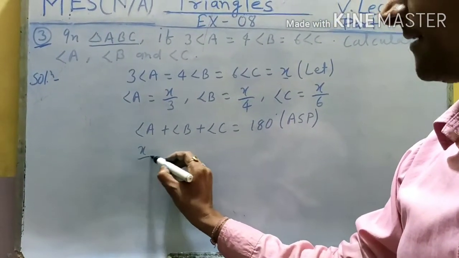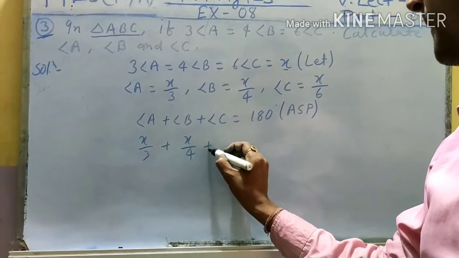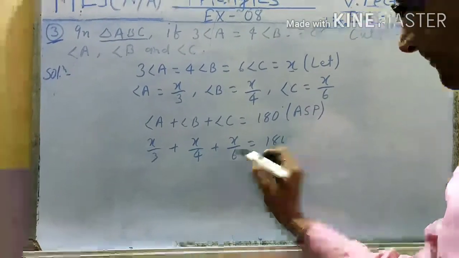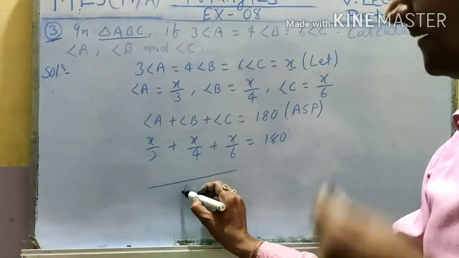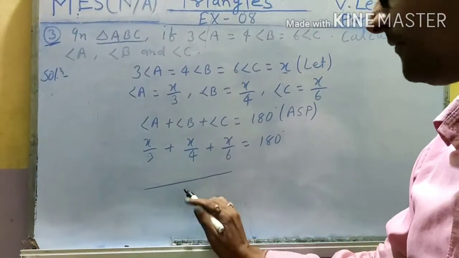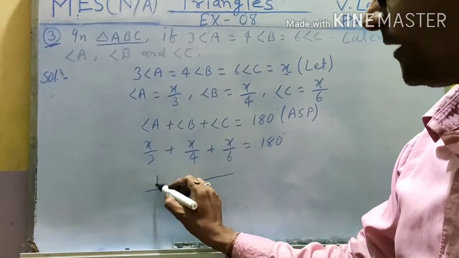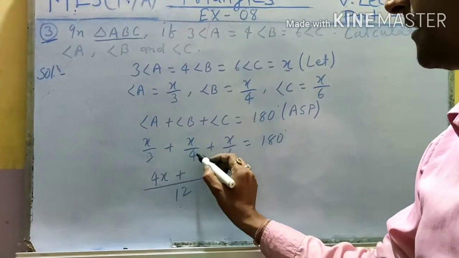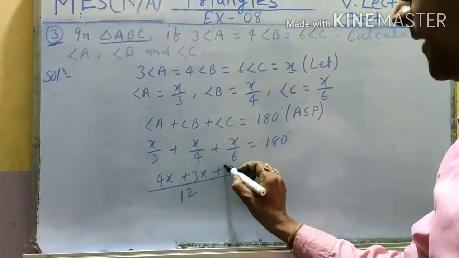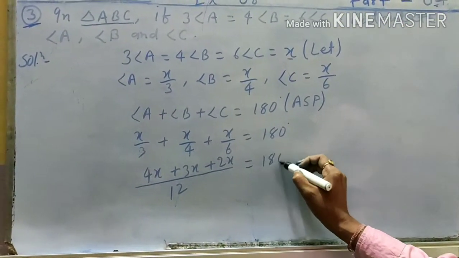Angle A is equal to x by 3 plus angle B is equal to x by 4 plus angle C is equal to x by 6 is equal to 180 degrees. Here the LCM is 12. 3 4s are 12, that means 4x, plus 4 3s are 12, 3x, plus 6 2s are 12, 2x, 2 will be multiplied, numerator is equal to 180 degrees.